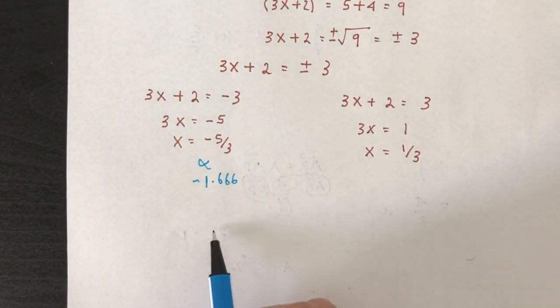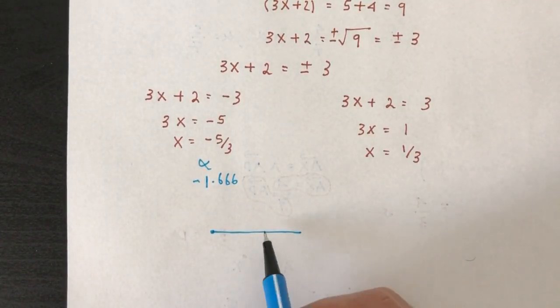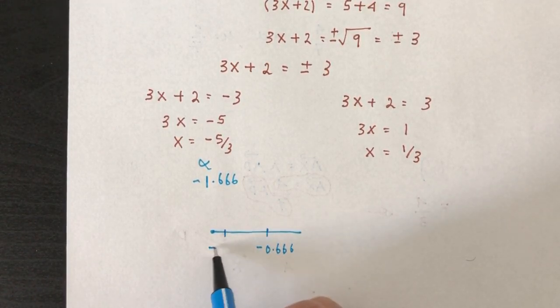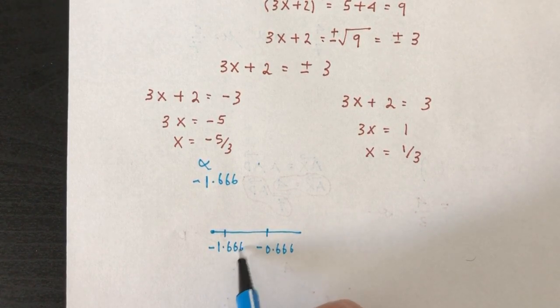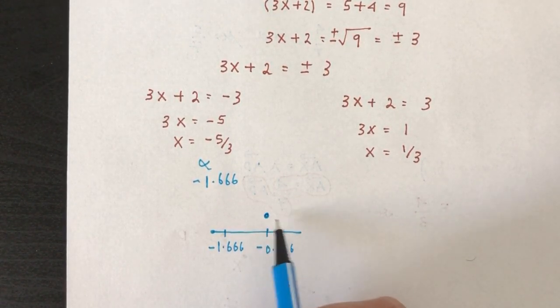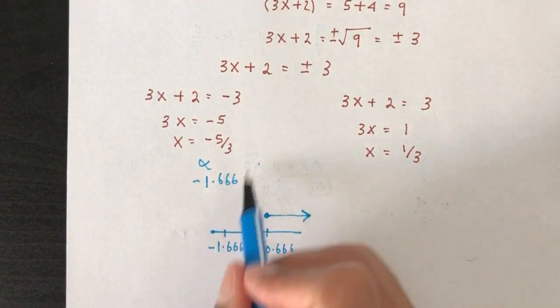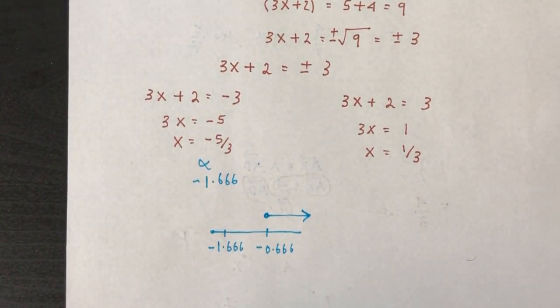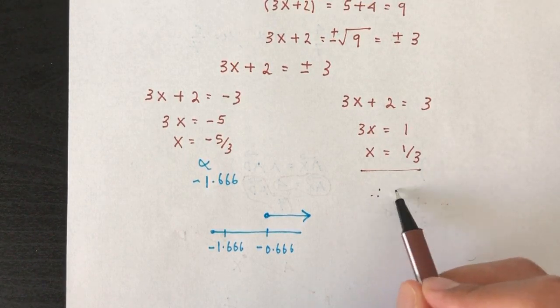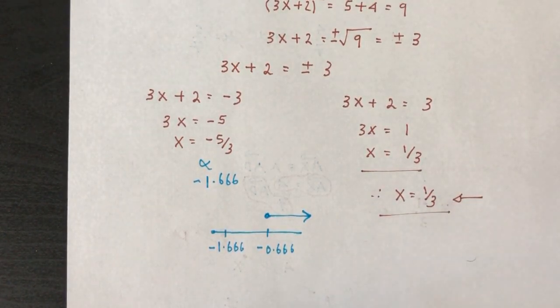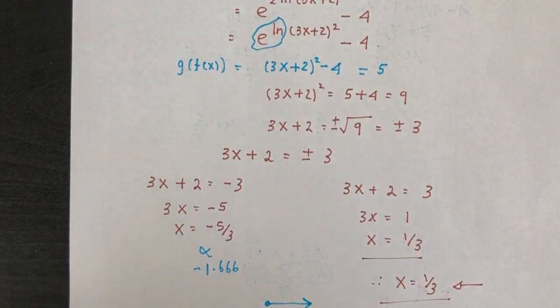If you draw the line, the values of x can only be defined for bigger than this, so this is not in the range, so we cannot take this value. So the only possible value will be this one. x has to be 1 over 3. And that is for part 1.